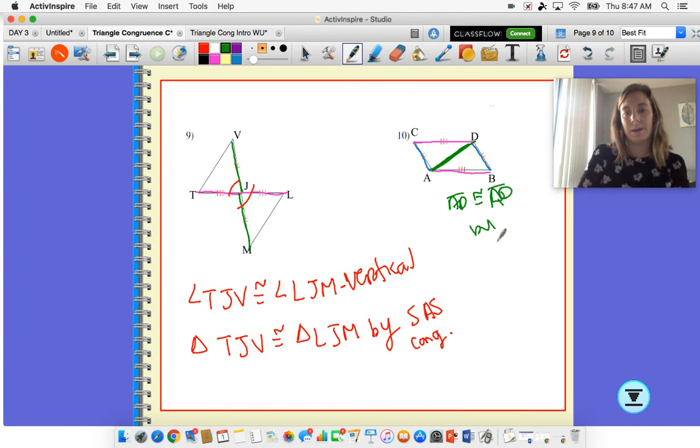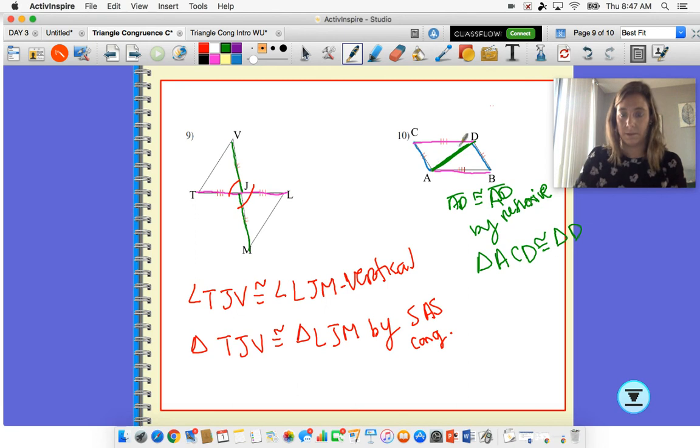By the reflexive property. Therefore, this is not proving the triangle is congruent. I need to actually write that final statement of triangle ACD is congruent to triangle. A is between blue and green, so it's going to be D. Be careful there. D, B, A, by, I had three sides, side, side, side, congruence.